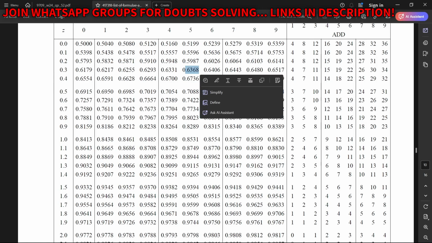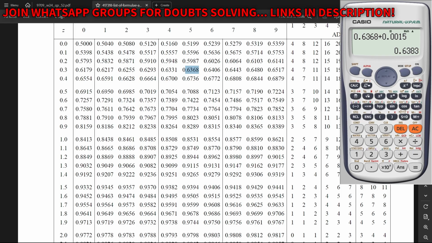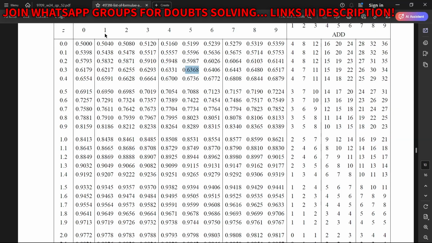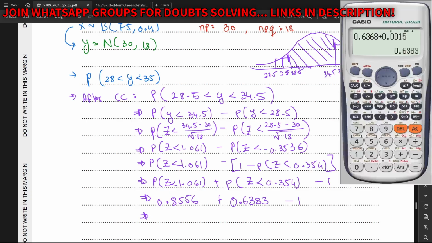So if I do this in my calci, 0.6368 plus this 15 because of the 4, 0.0015, it gives me 0.6383, and then minus 1. Let's have our final answer.